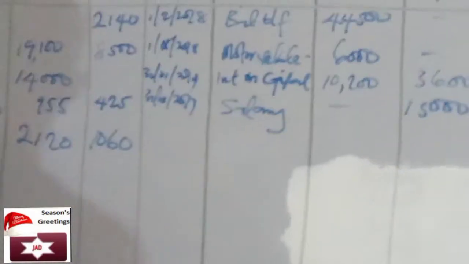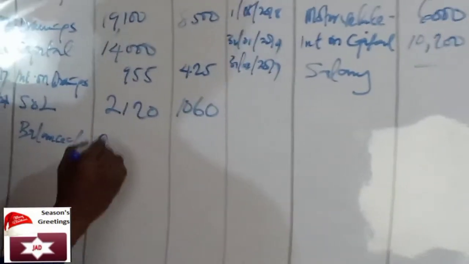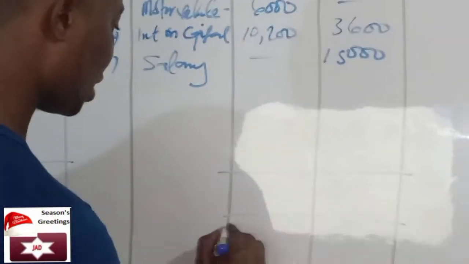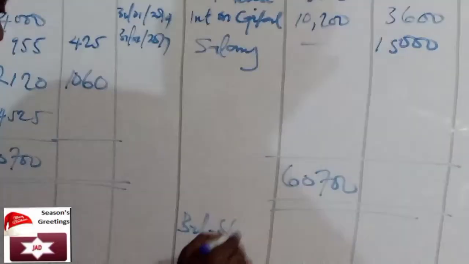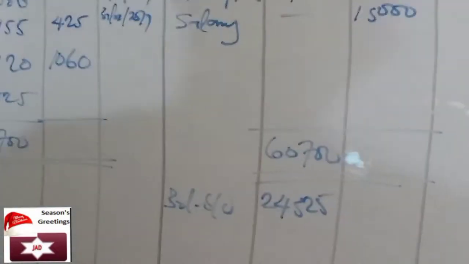So the balance carried down is 24,525. Basically, Liam has a credit balance at the end of the year of $24,525.